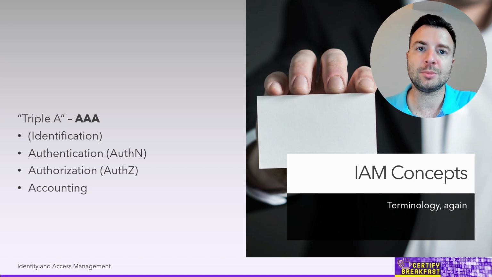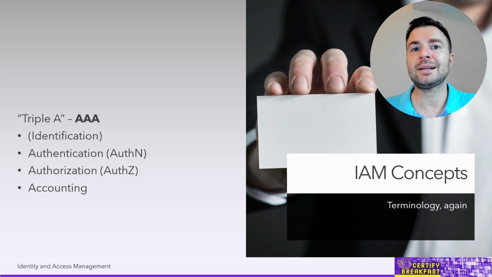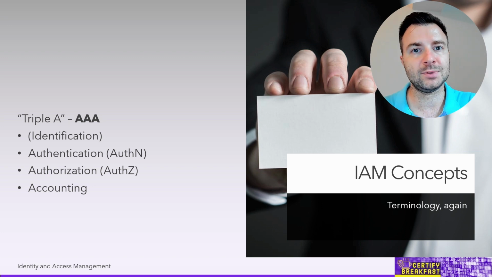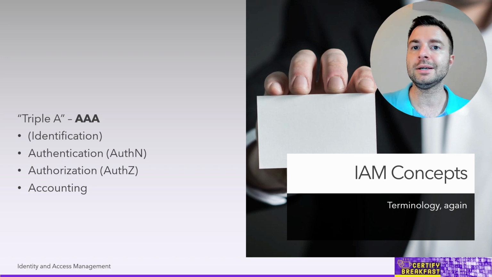Then comes the authorization part. This is where you are automatically assigned some privileges. So you have proven who you are, now let's see what you can do. And these privileges are going to be assigned by a centralized system.